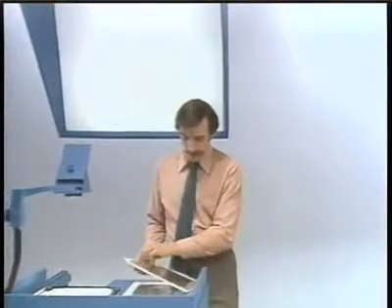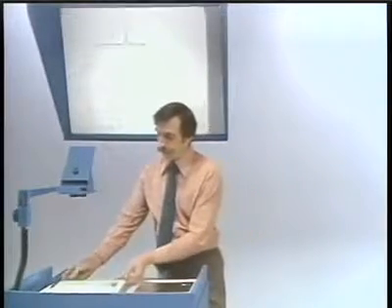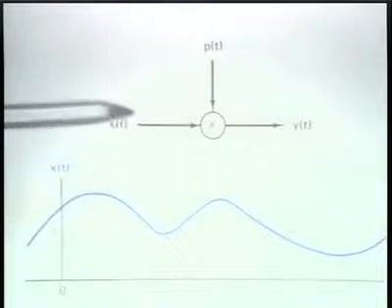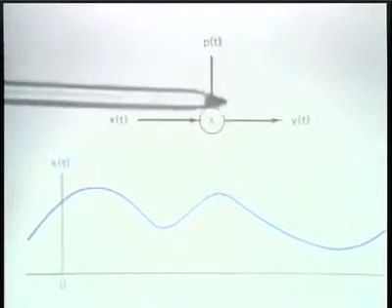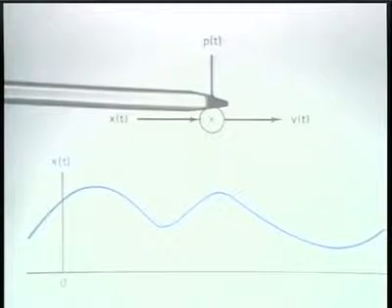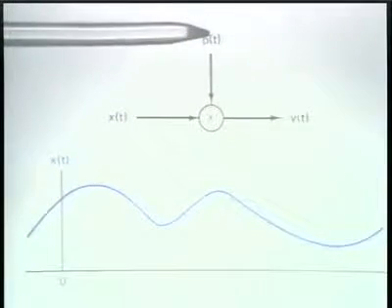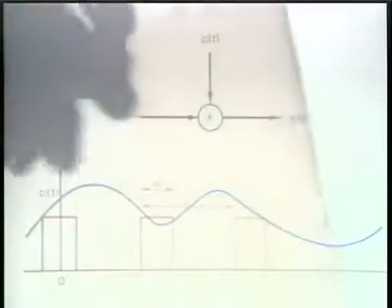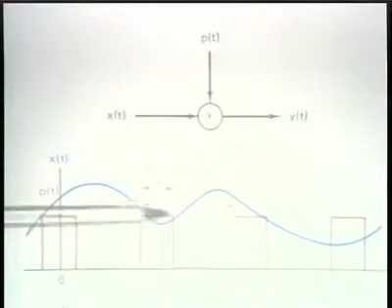Now, the idea is the following. In general, of course, the modulator consists of multiplying x of t by whatever the carrier signal is. And previously, we've talked about a carrier signal which is sinusoidal. The carrier signal that we want to consider now, in fact, is a pulse train.